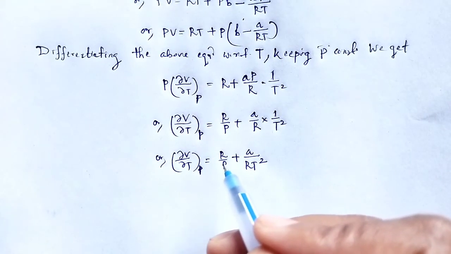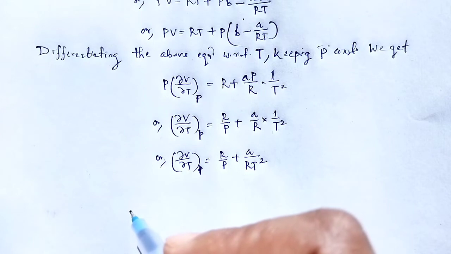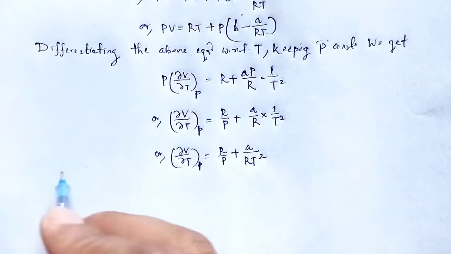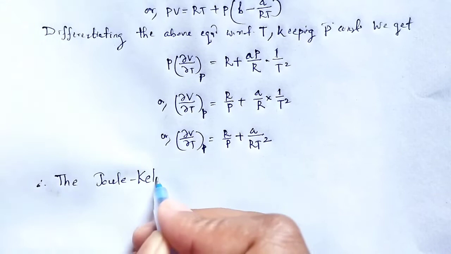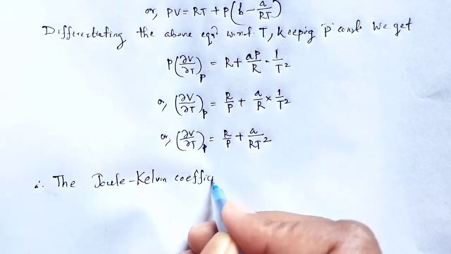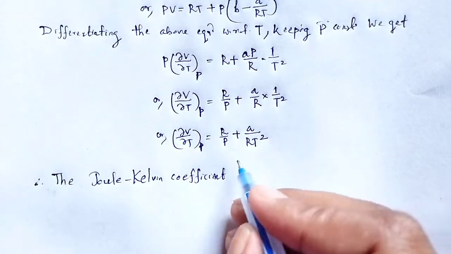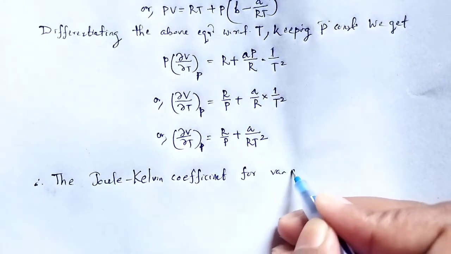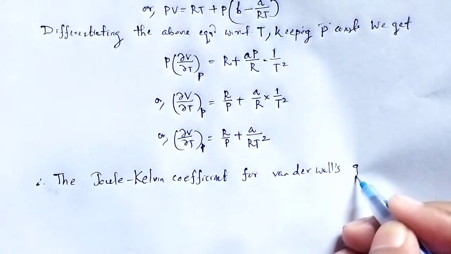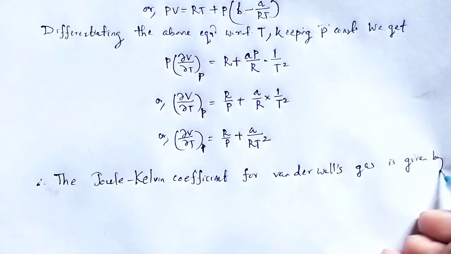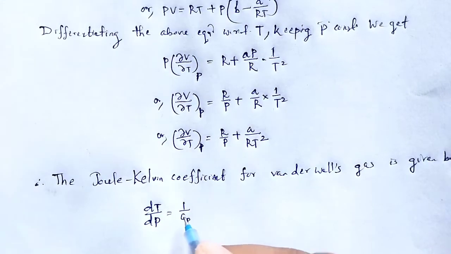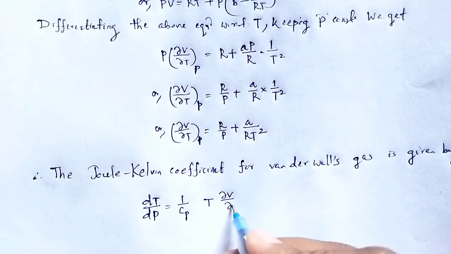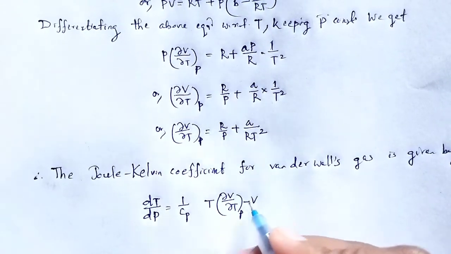Now substituting the value of this in the Joule-Thomson effect or Joule Kelvin coefficient standard equation, we get the Joule Kelvin coefficient for Van der Waals gas, given by dT by dP is equal to 1 by Cp times T del V by del T at constant pressure minus V. That is the standard equation.